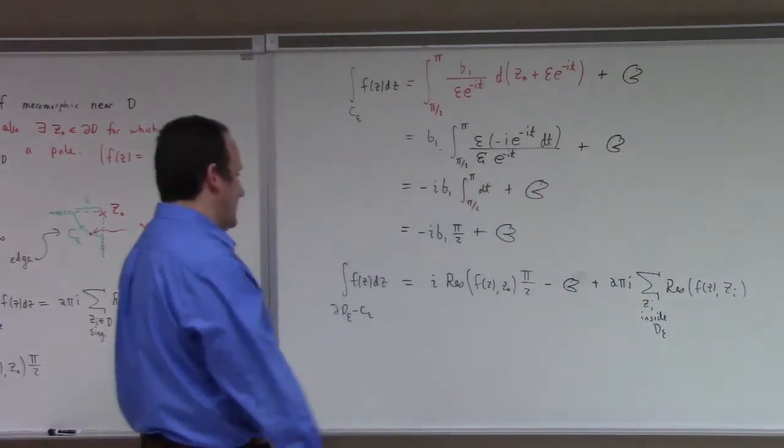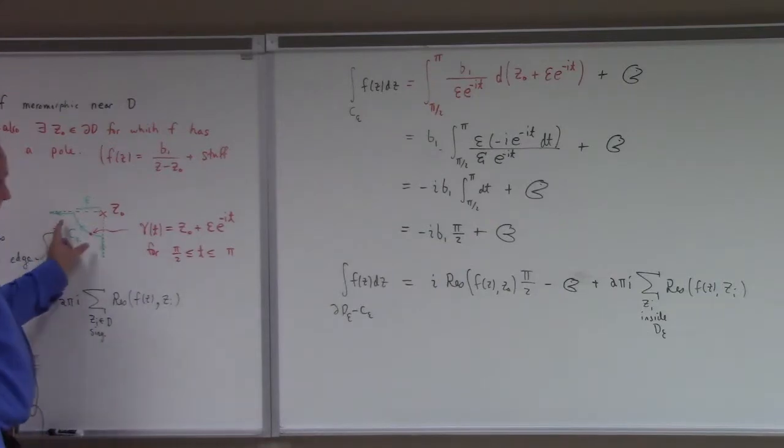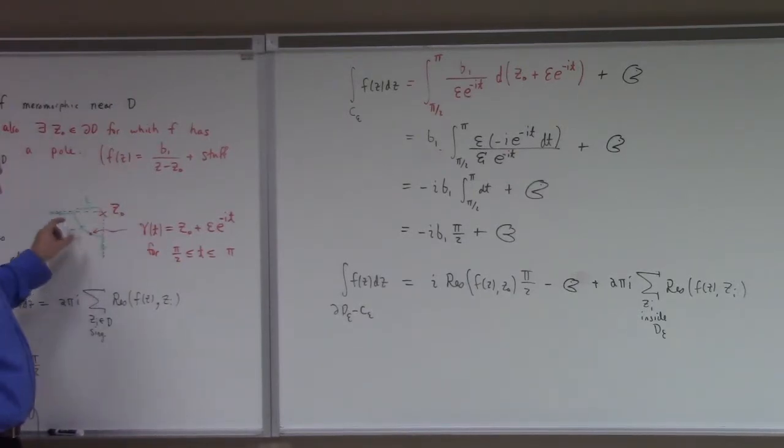So then what happens as epsilon goes to 0? As epsilon goes to 0, the length of C epsilon does what? It shrinks to 0. And the piece of f which is non-singular can be bounded, right?